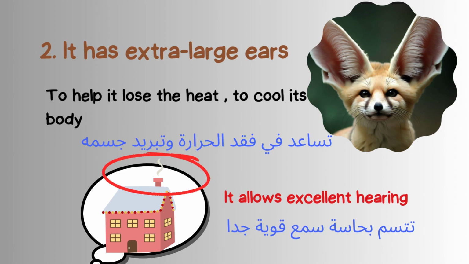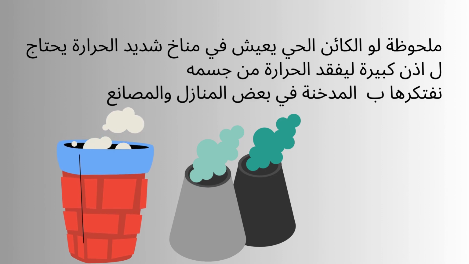The second information, it has extra large ears. Why? Yes, to help it lose the heat to cool its body. I want you to know here, if the living organism lives in very hot climate, it needs to what? Cool its body and to lose heat. Here, the big ears or the large ears make what?